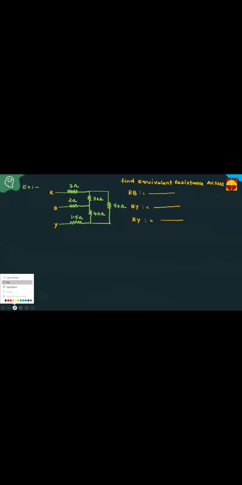For example, to calculate the equivalent resistance for RB, you take only the RB path. This is RB. I am drawing this. This is 3 ohms, this is 30 ohms, and this is 2 ohms.